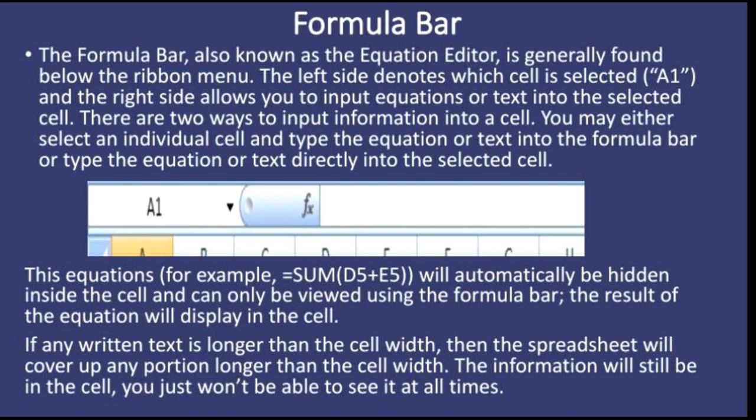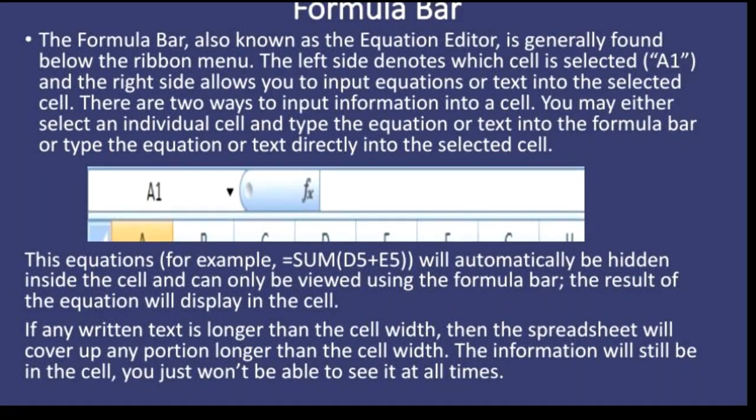Now an equation, for example, equals SUM open and close bracket, D5 minus E5, will automatically be hidden inside the cell and can only be viewed using the formula bar. The result of the equation will display in the cell.